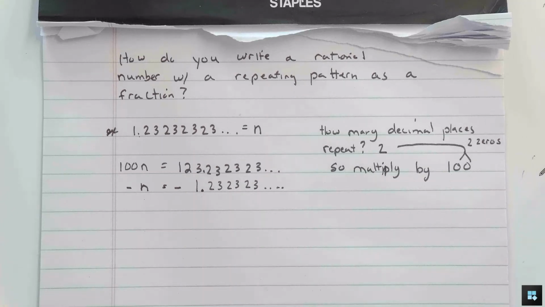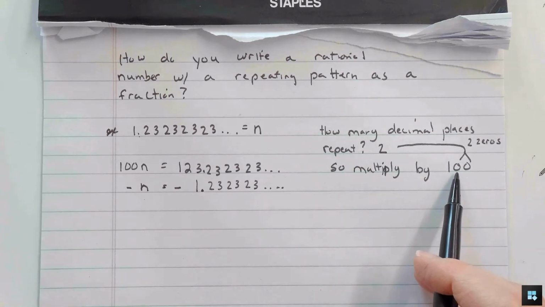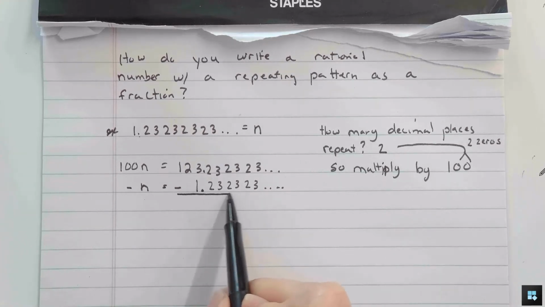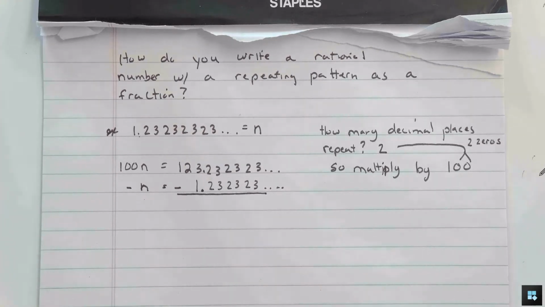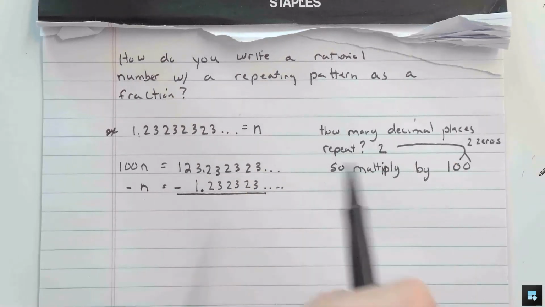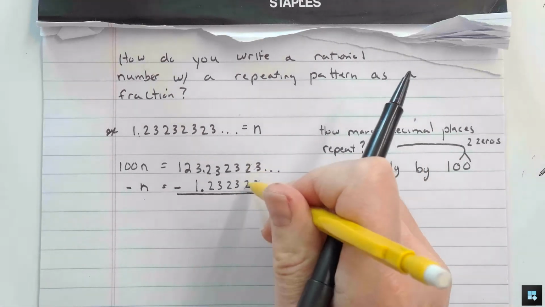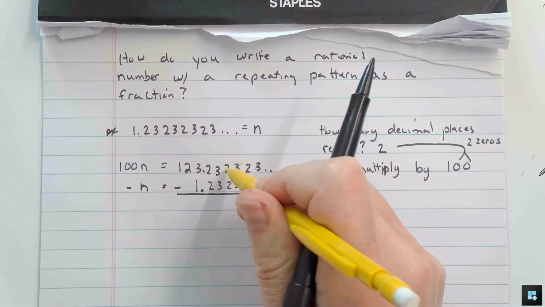If you've chosen your power of 10 correctly, when you subtract, the repeating digits will subtract away. So 3 subtracts from 3, 2 subtracts from 2, 3 from 3, and so on.